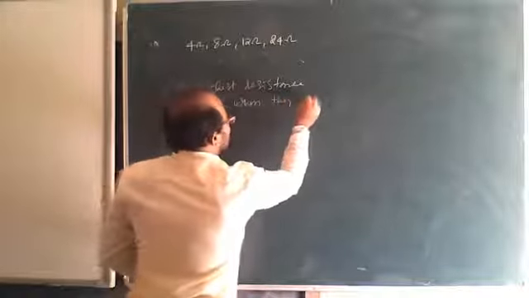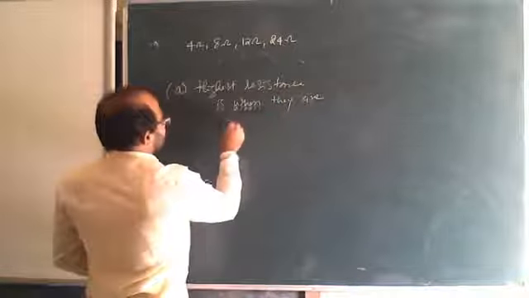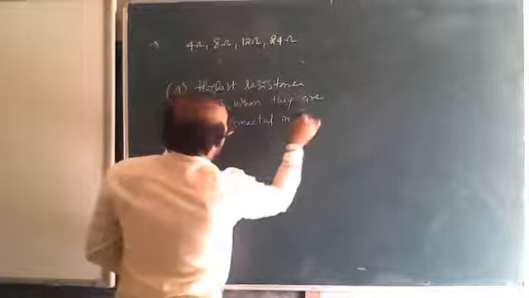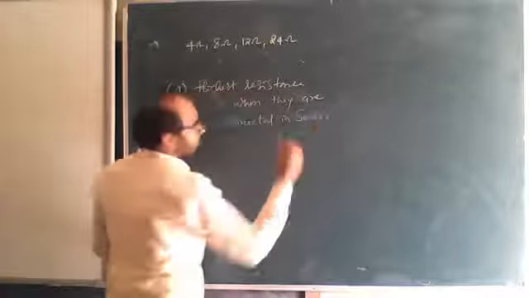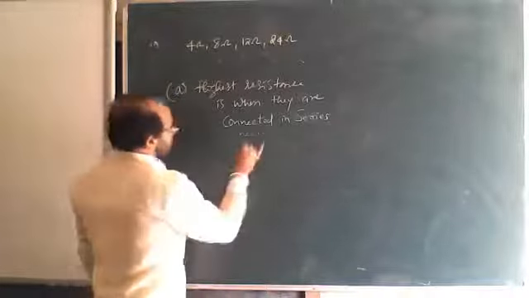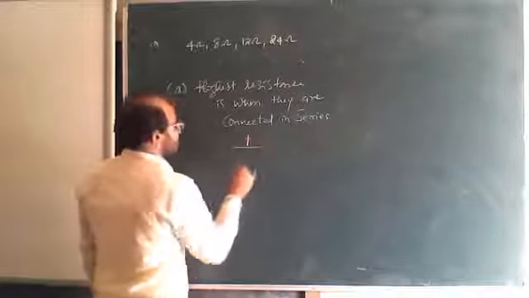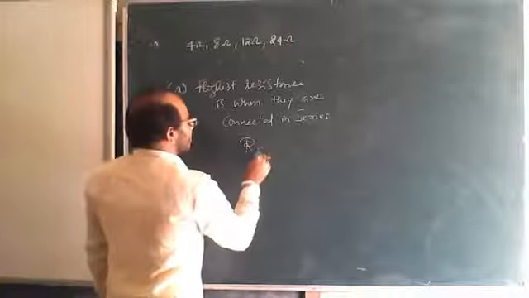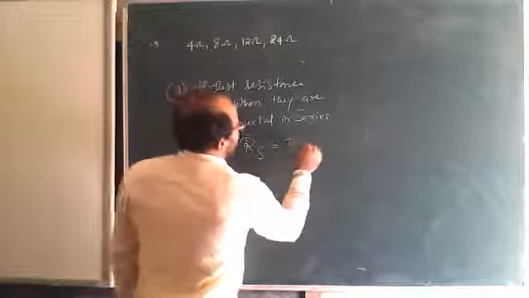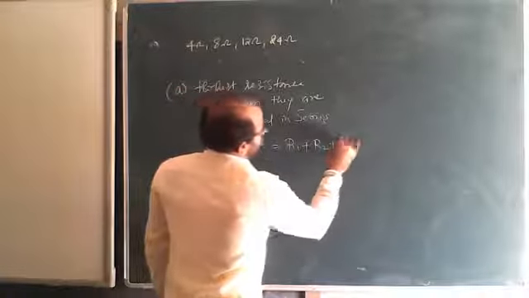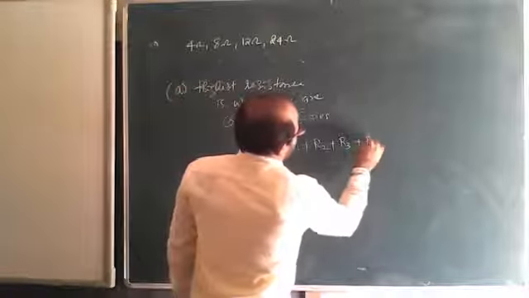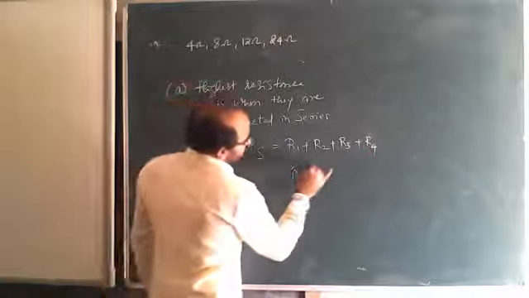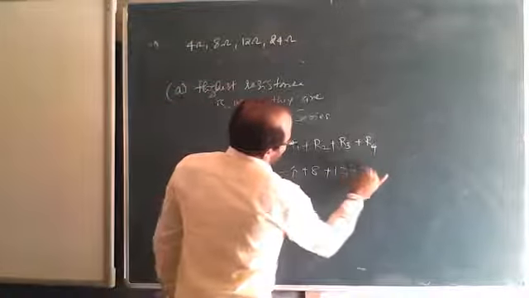In series, we directly take Rs is equal to R1 plus R2 plus R3 plus R4, that is 4 plus 8 plus 12 plus 24.